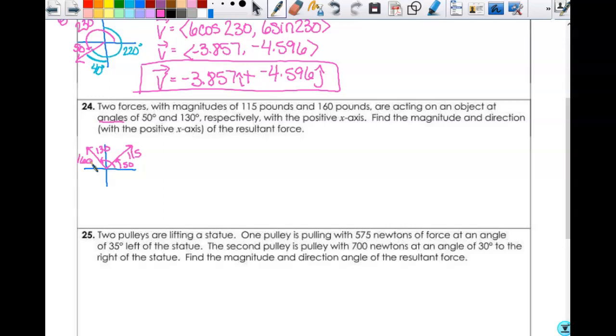Okay, so the first vector is going to be 115 times the cosine of 50, 115 times the sine of 50. The second vector is 160 times the cosine of 130, 160 times the sine of 130.